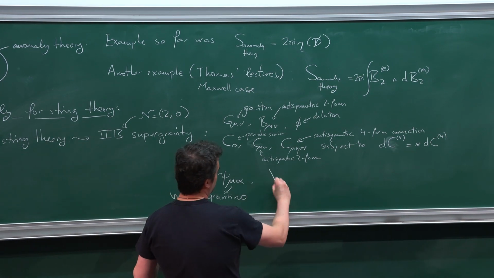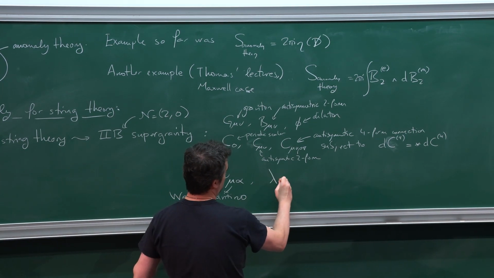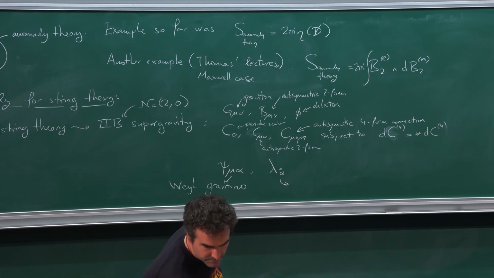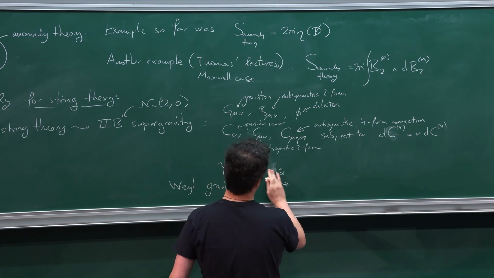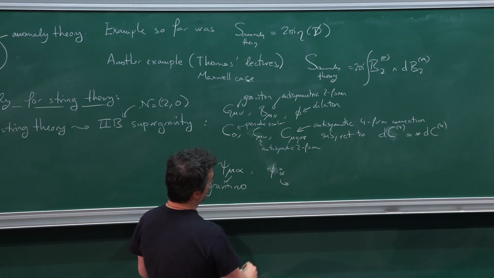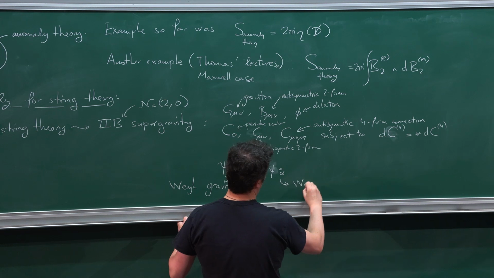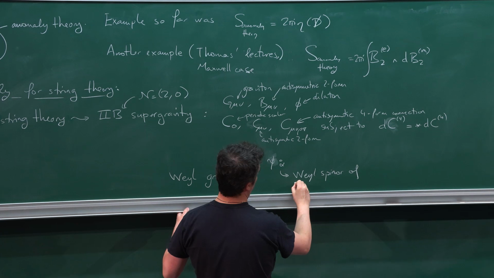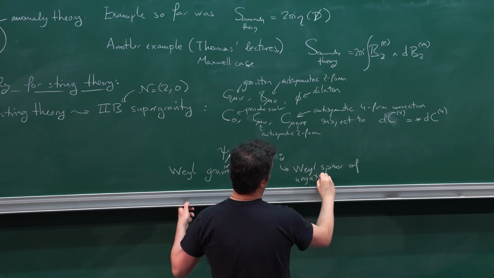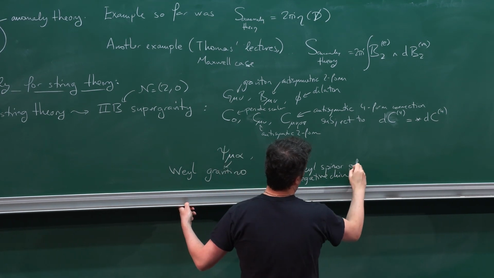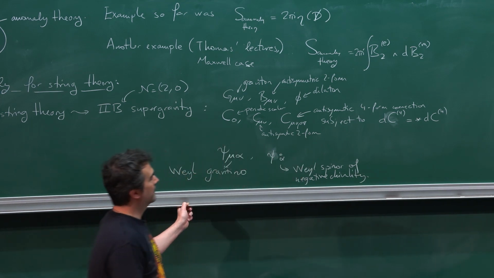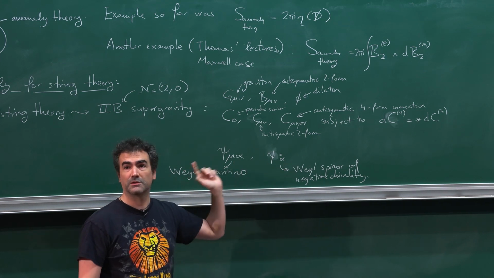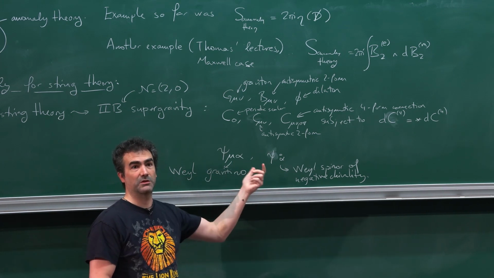And finally, we get some extra field here. I'm going to call it lambda, I think. No, I'm going to go upside. Which is a Weyl spinor of negative chirality. So the dots here are a convention that's widely used in supergravity to keep track of the chirality of the spinors. If you see a dot, it means negative chirality.